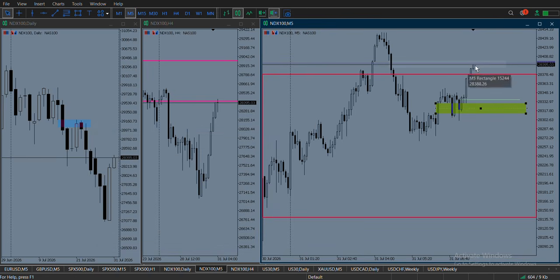And now you can see how we're running into that one. I wanted to see it run higher like that because you can see we are bullish.